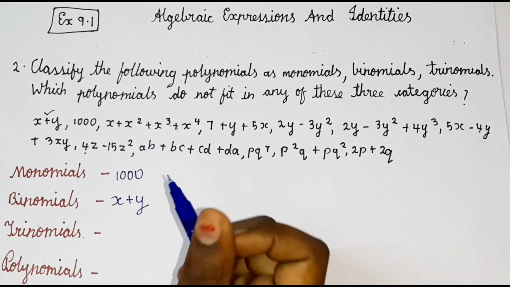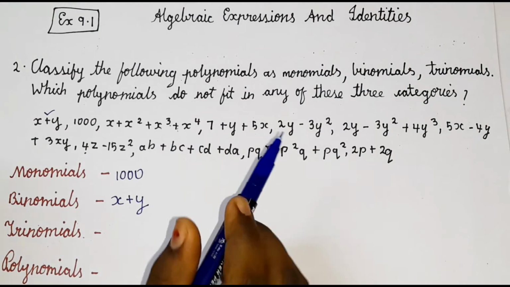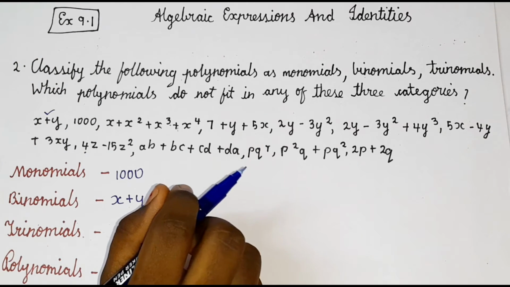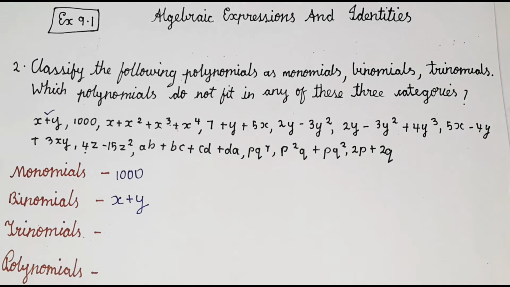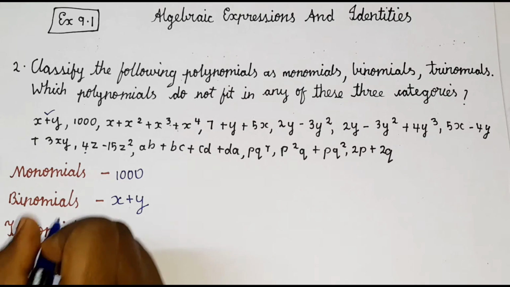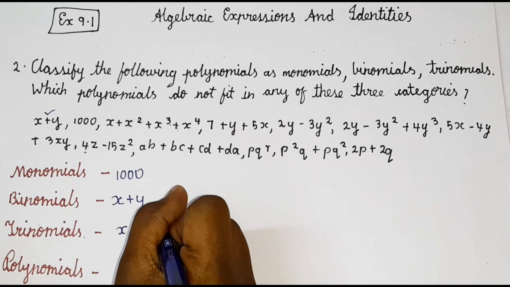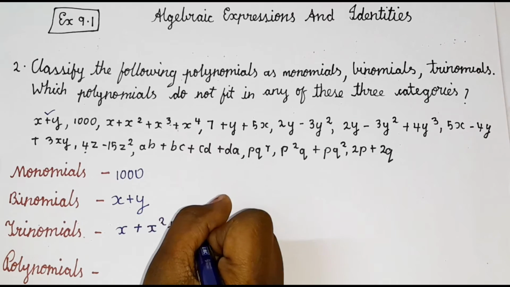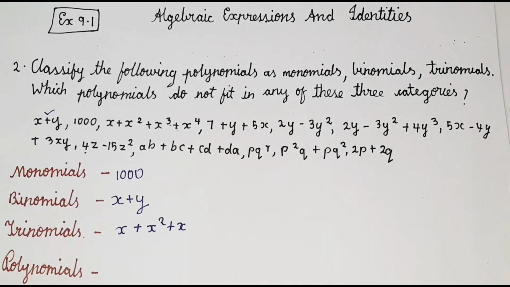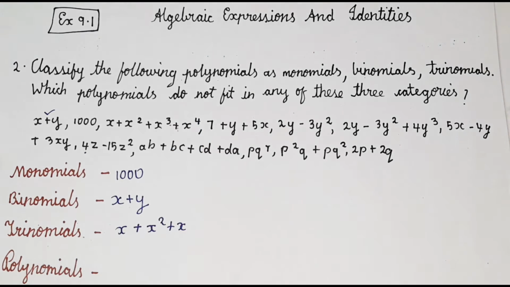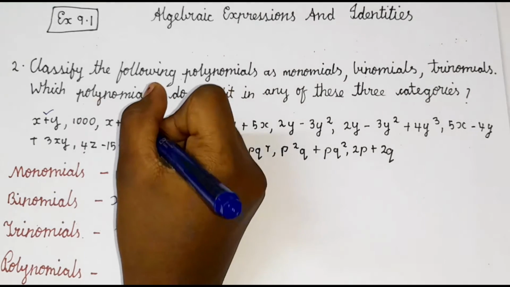Next we have x plus x square plus x cube. So this is having 3 terms. So 3 terms means trinomial. Of course you guys know 3 terms means trinomial. So here we have x power 4 also, which means it is a polynomial, okay.